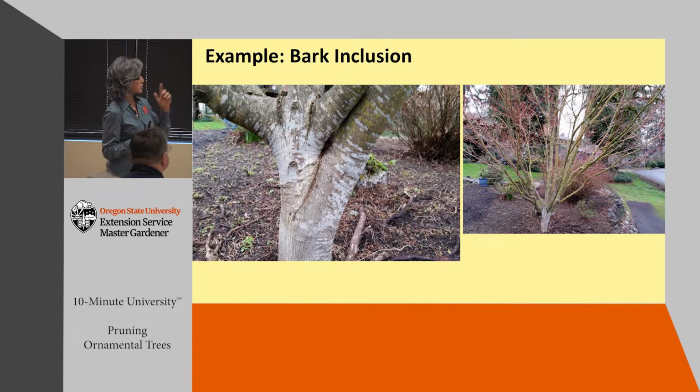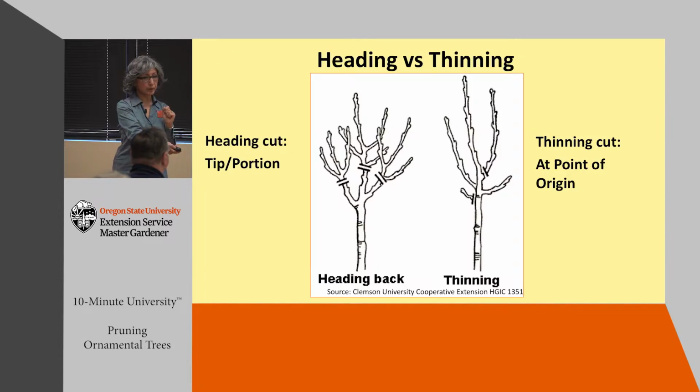And with problems like this, in the big tree, it's really not feasible to try to correct through pruning. You may be able to correct it when it's very young. It should have been corrected in the nursery before you bought that plant. So now that you know, if you buy a new tree, always check the branch angles.